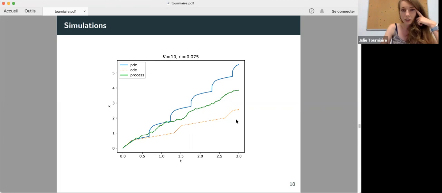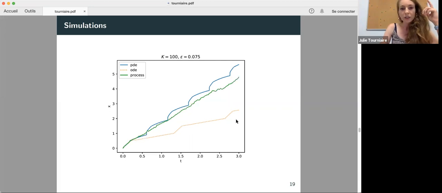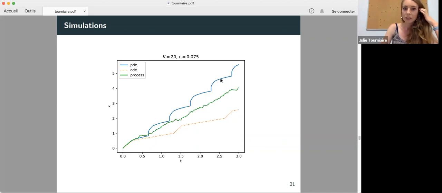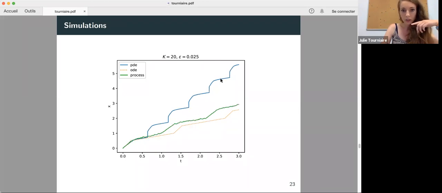If we fix epsilon and let k increase, we see that the green line converges to the blue one. Now, if we fix k and we let epsilon decrease to 0, we see that the green line converges to the graph of the ODE.